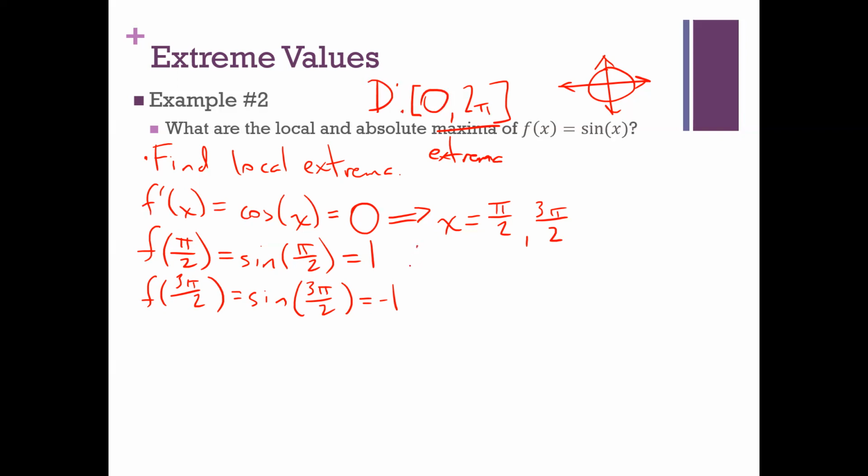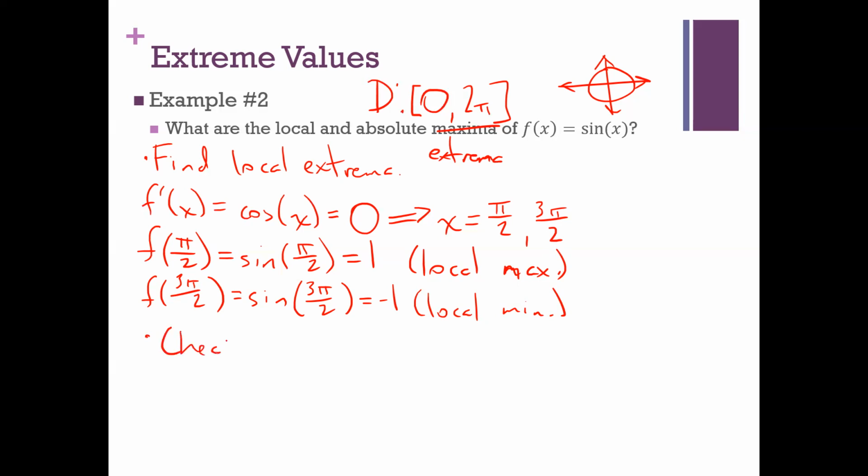So this is the local max, and this is the local min. Now think about what you know about the function sine of x. Is it possible those are actually also the absolute extrema? Yes, it's very possible, right? But what other points should we check just to be sure?